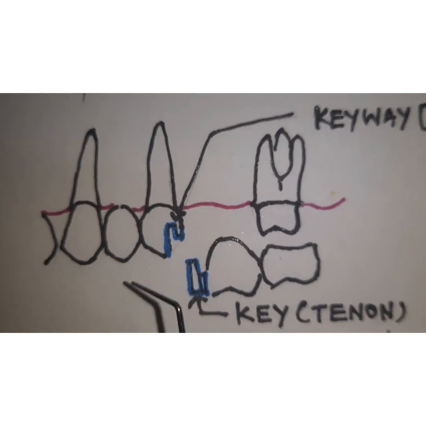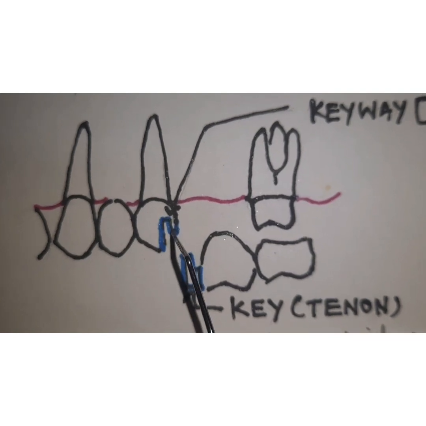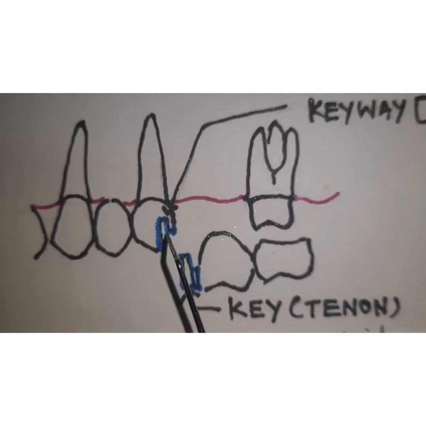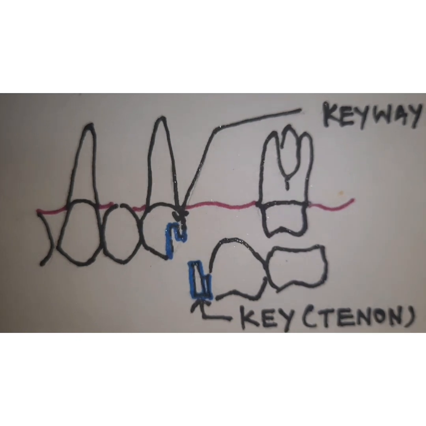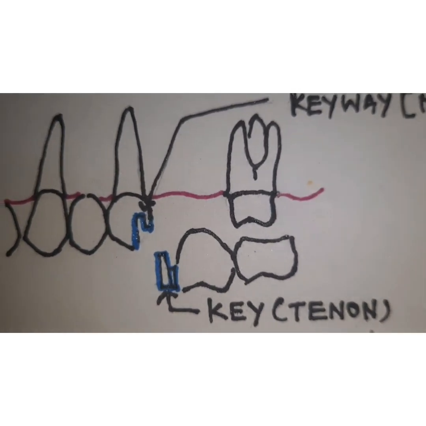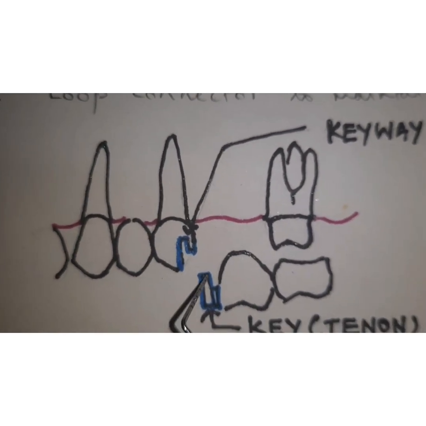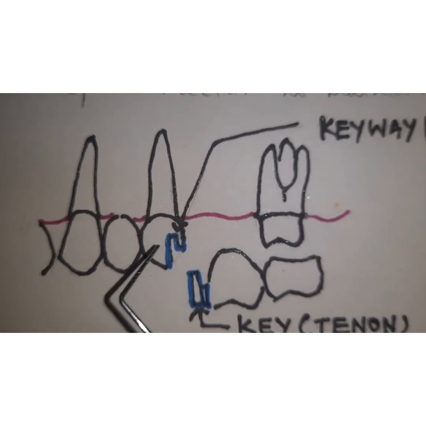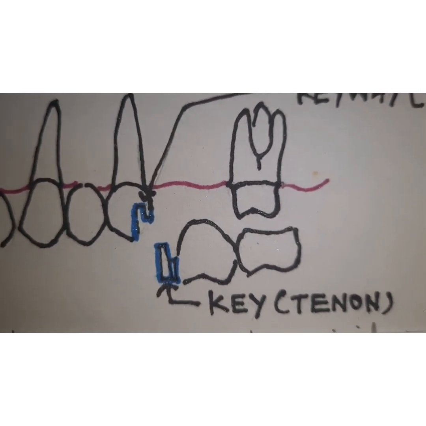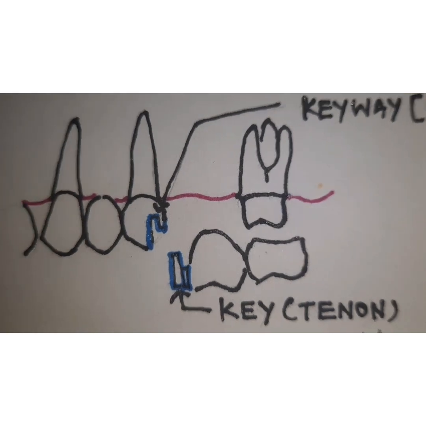So in those we can just modify and make this type of female part in the retainer, and the male part can be made once this part is already cemented onto the teeth.